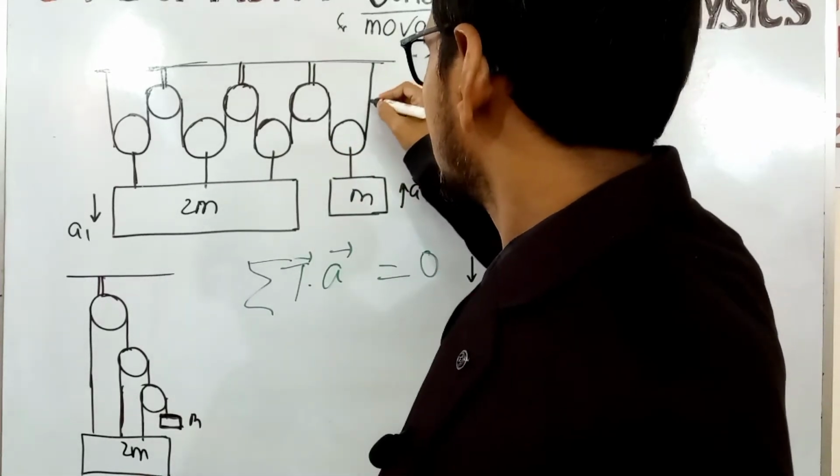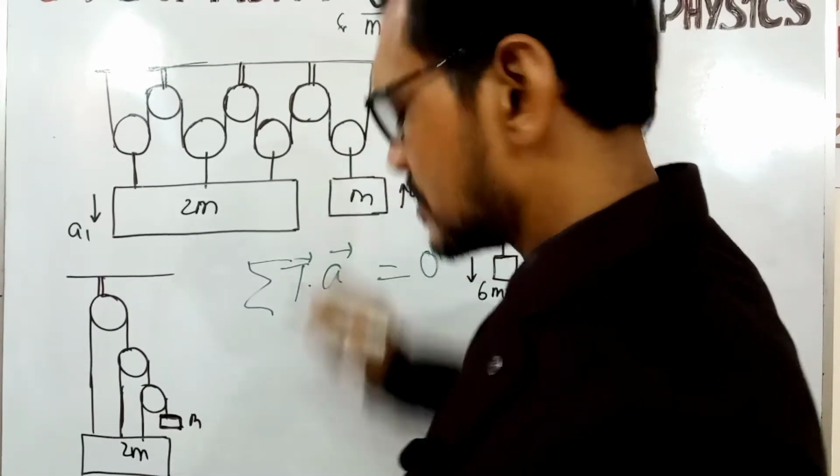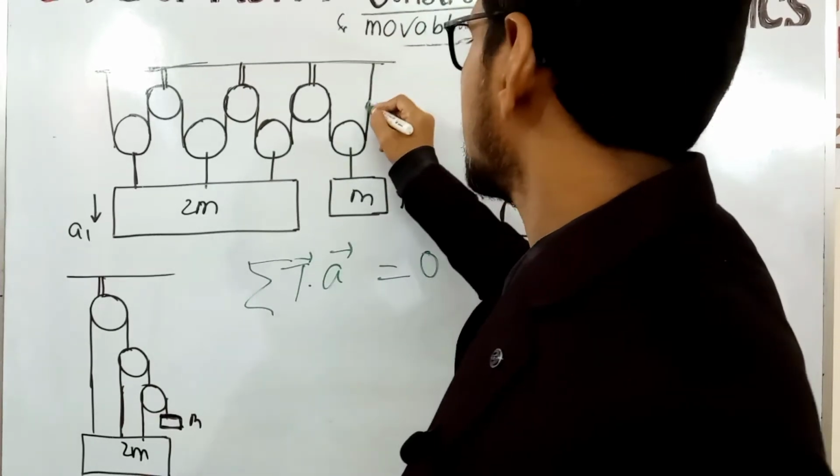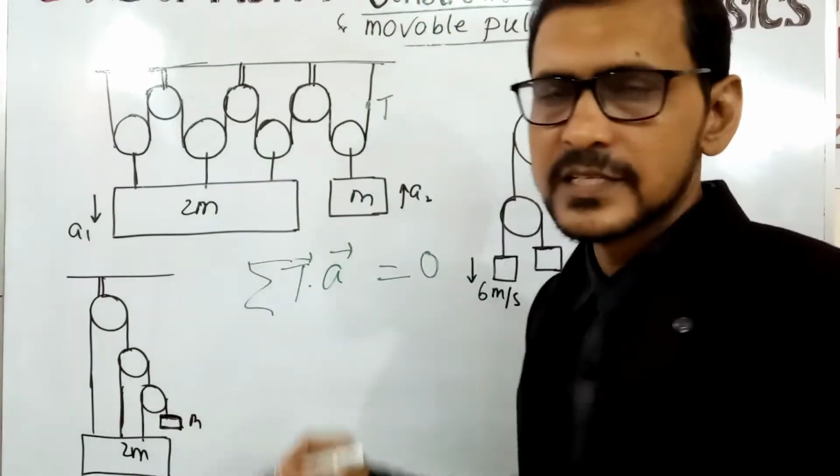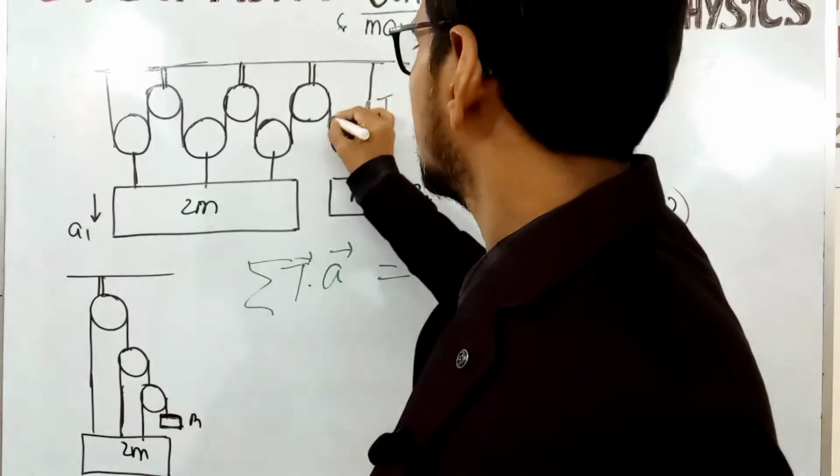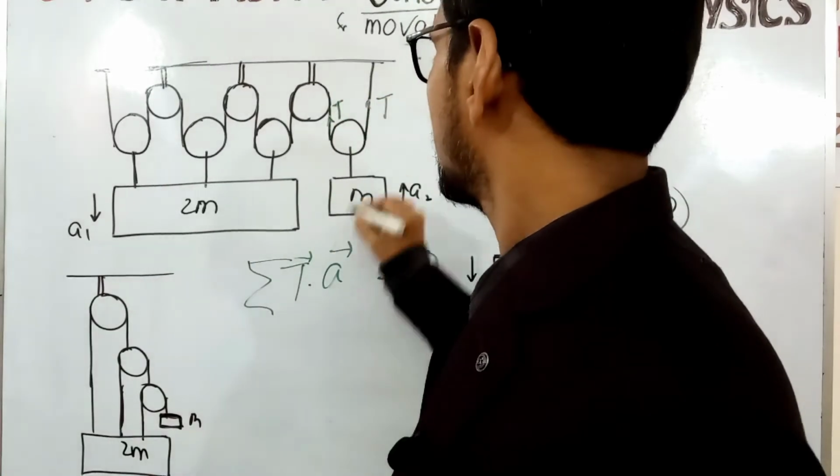Now what is the tension of the string? Suppose this tension is T, then this is T, so this is 2T.